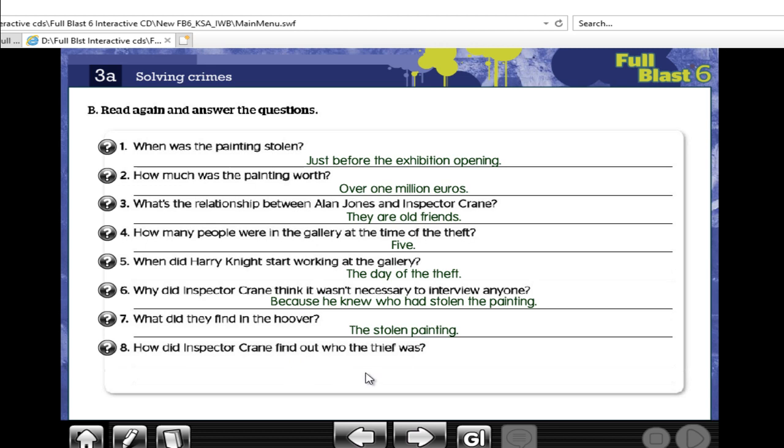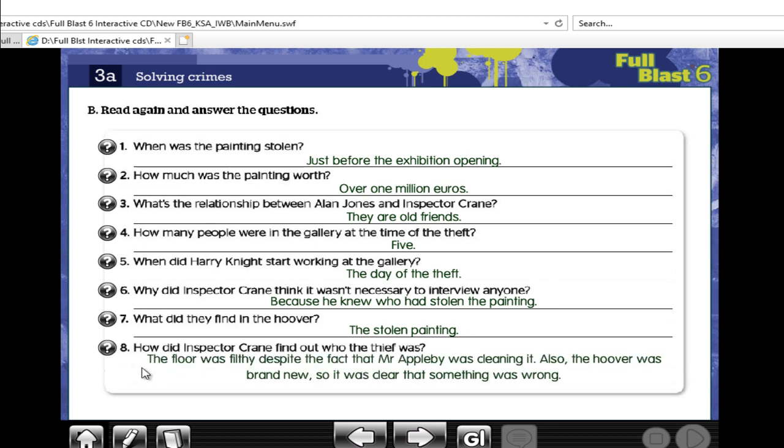Yes. Excellent. The floor was filthy despite the fact that Mr. Appleby was cleaning it. Also, the Hoover was brand new, so it was clear that something was wrong.